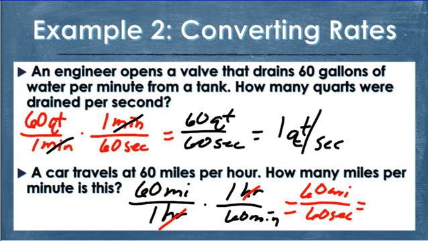Or not seconds, 60 minutes. That would be 1 mile per minute. So just setting up the unit ratios makes it a lot easier so you know that you have the right answer and right labels in your answer.